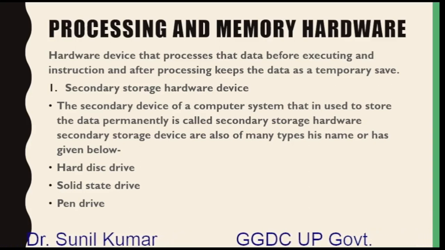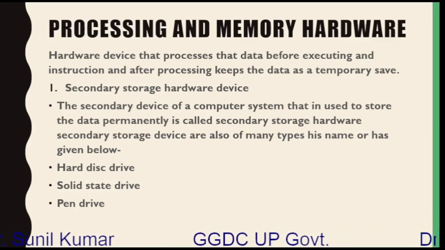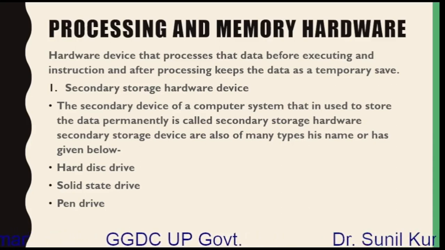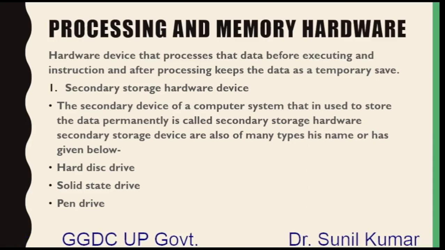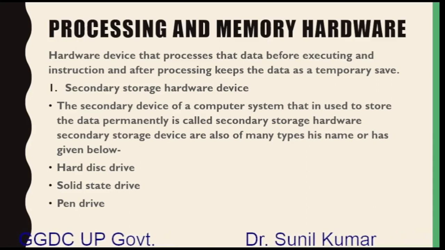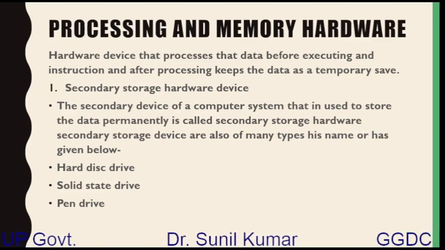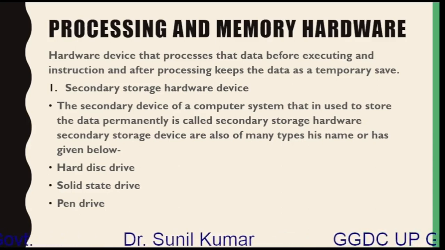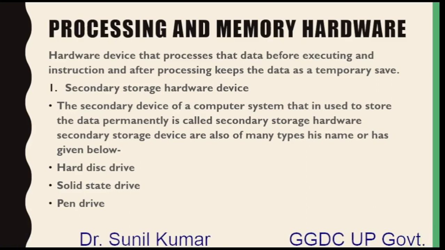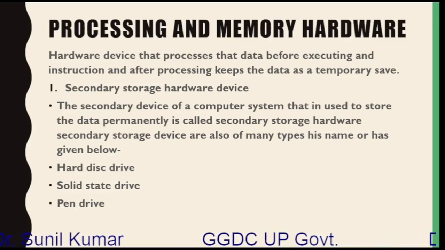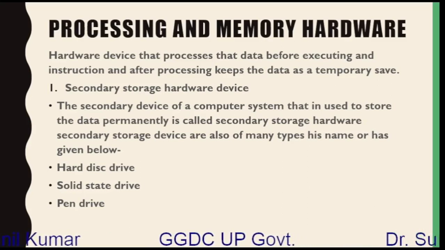The device of a computer system that is used to store data permanently is called secondary storage hardware. Secondary storage devices are also of many types. Their names are given below, such as hard disk drive, solid state drive, and pen drive.